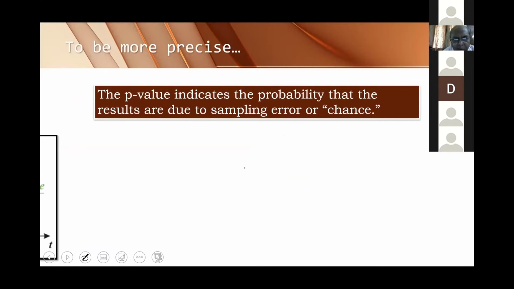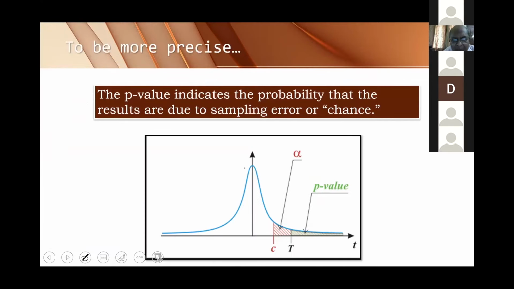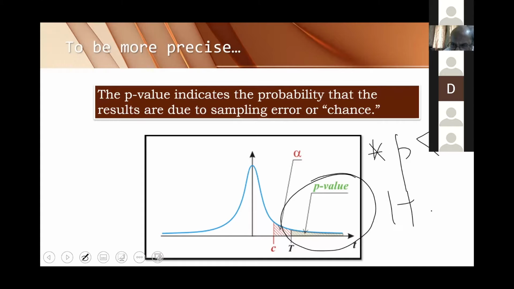Okay, so please understand that p-value indicates the probability that results are due to the sampling error or chance, and it is always at the tail. And please understand, if p is less than alpha, then we must reject null hypothesis.